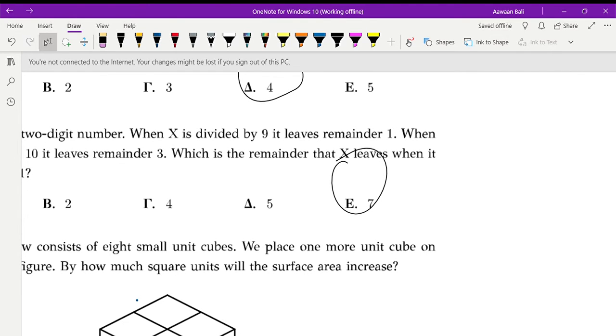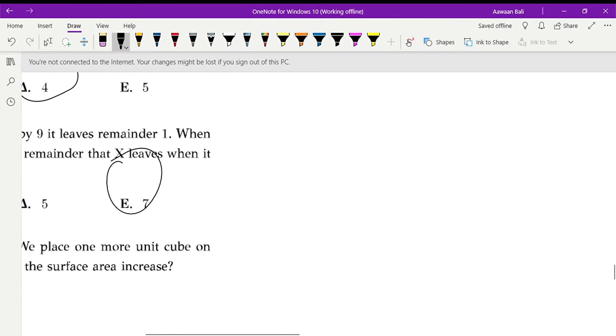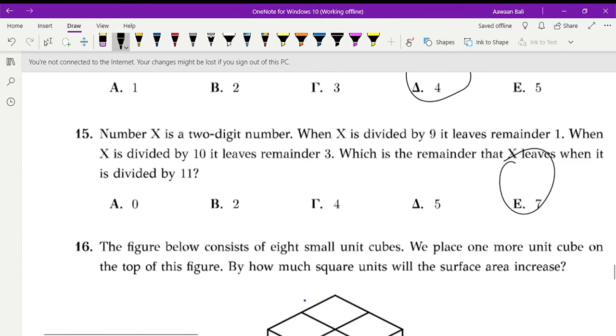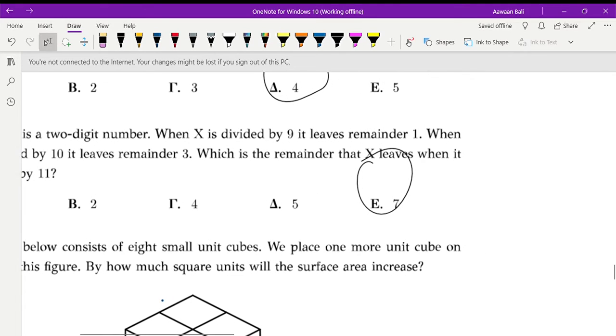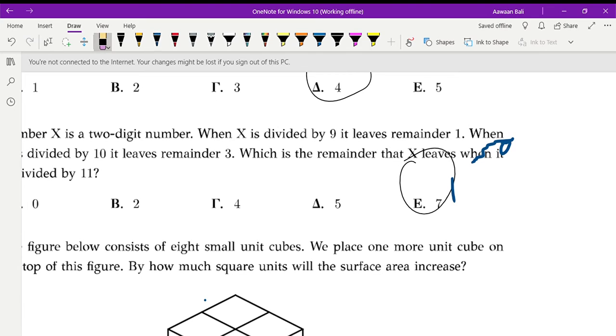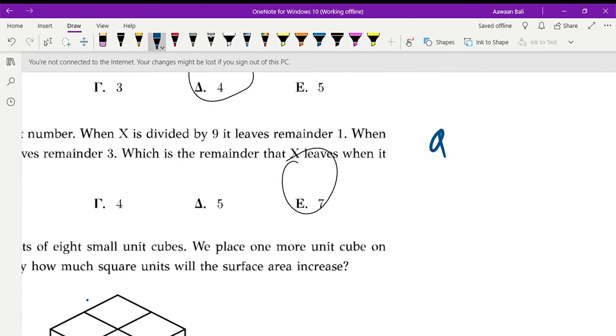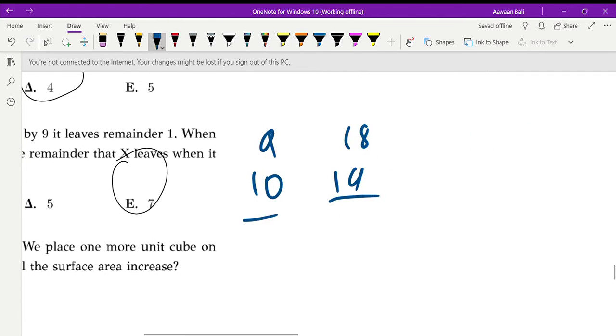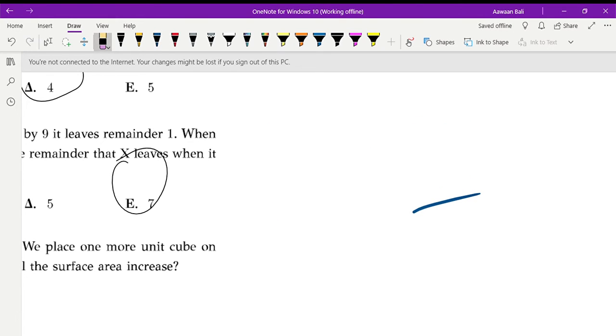So basically, what it means is that the first number is 10, and then 19, and then after that we get 28. And basically it goes on like that.